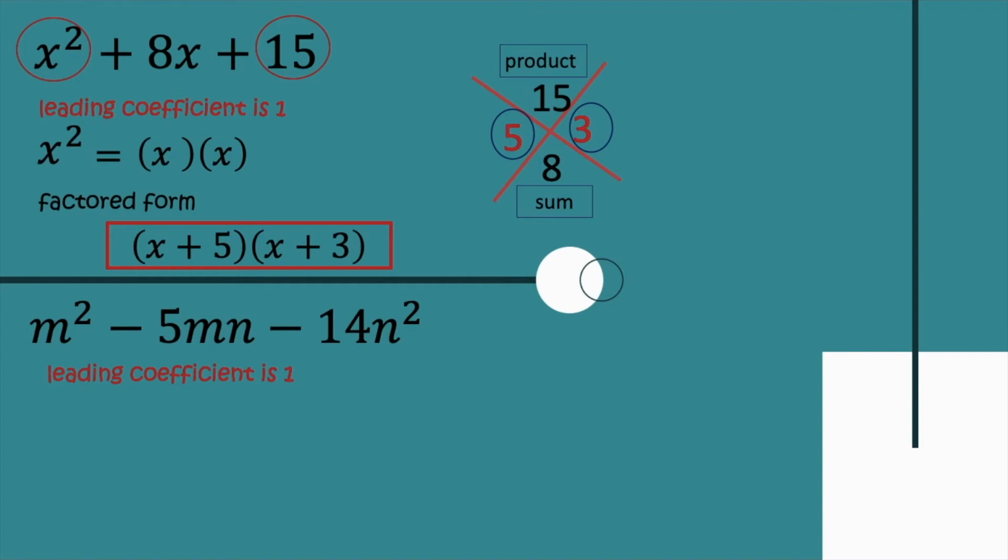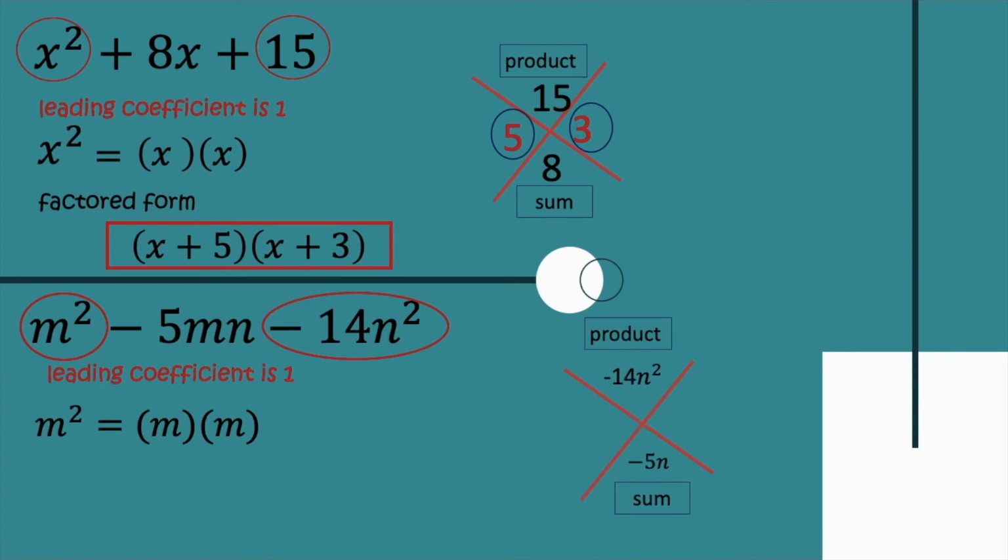How about m squared minus 5mn minus 14n squared? What are the factors of m squared? Of course, it's m times m. How about negative 14n squared? Take a look at the diagram again at the side.